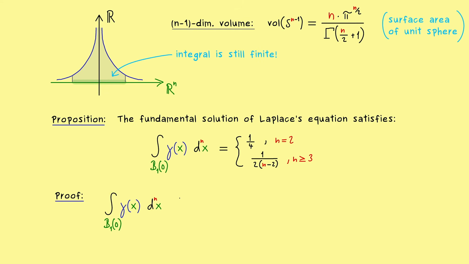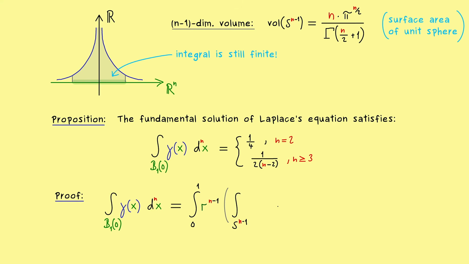And in fact, we can use the radial symmetry of gamma to integrate with polar coordinates. This just means that we can split the integration into two parts. The first part is with respect to the radius, and there we have the factor r to the power n minus 1. And the second part is just the surface integral over the unit sphere of dimension n minus 1.